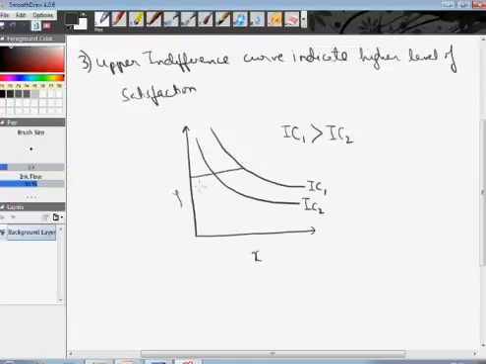The quantity of commodity X used here is more than the quantity of commodity X used on IC2. So that is why the curve IC1 has more level of satisfaction as compared to the curve IC2. A larger quantity of a commodity will obviously yield greater satisfaction than a smaller quantity of it.